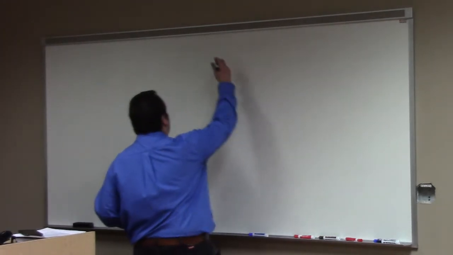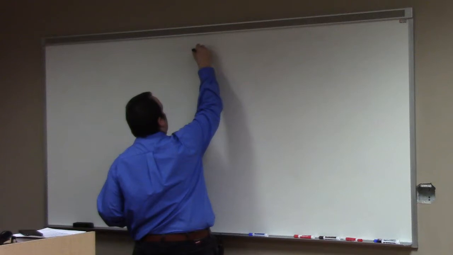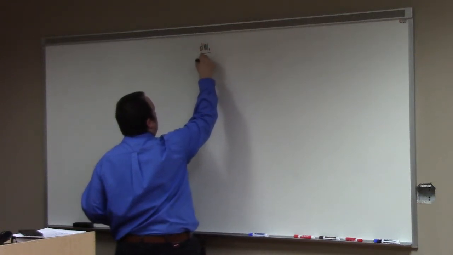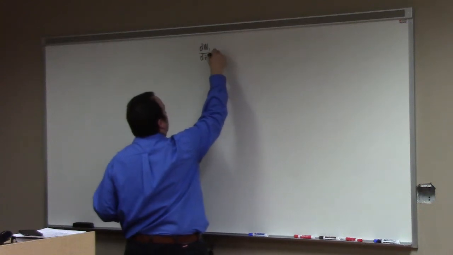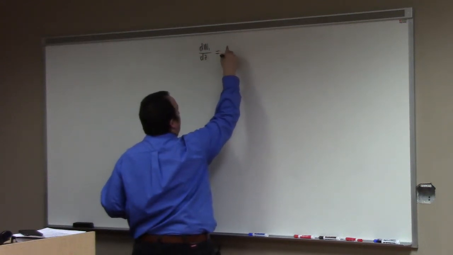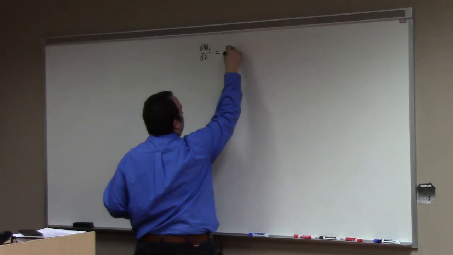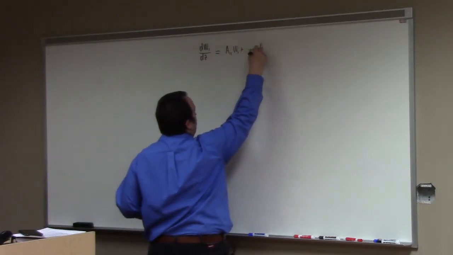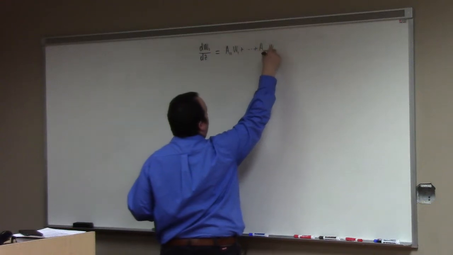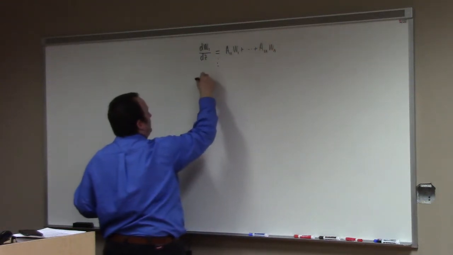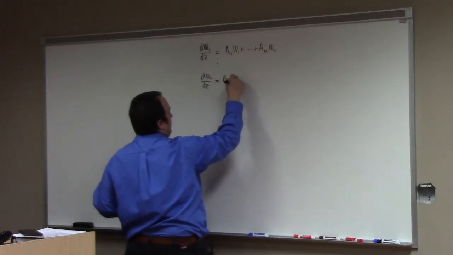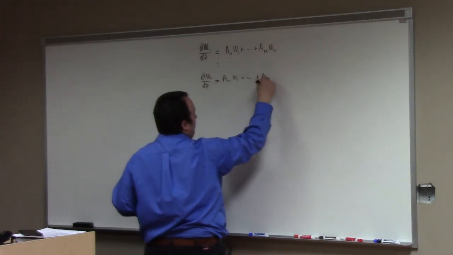The problem, generically speaking, is we've got something like dw1/dz equal to a11 w1 plus ... plus a1n wn, down to dwn/dz equal to an1 w1 plus ... plus ann wn.